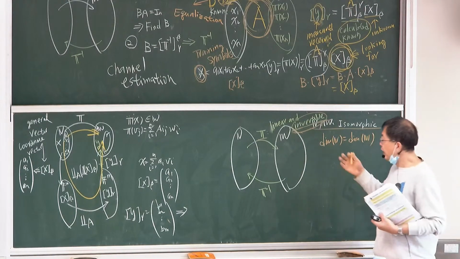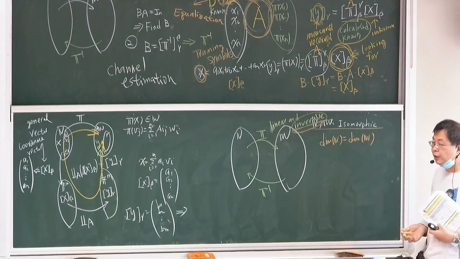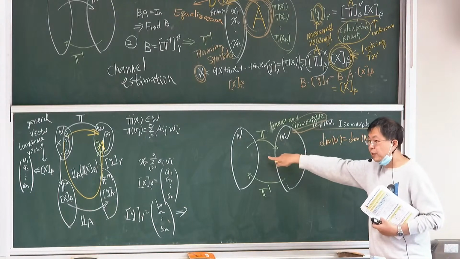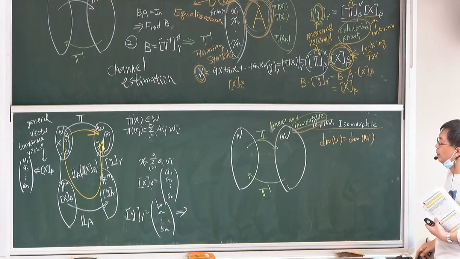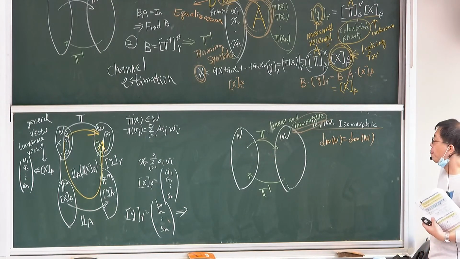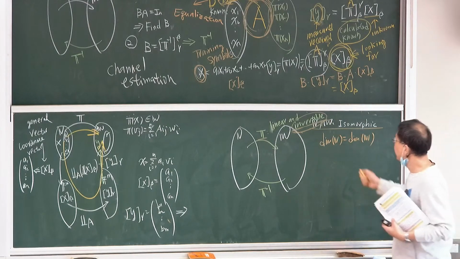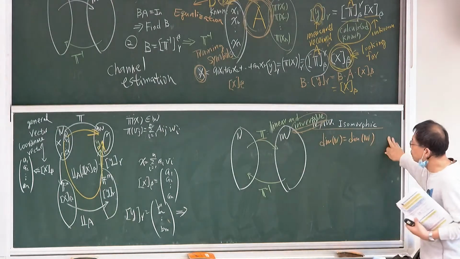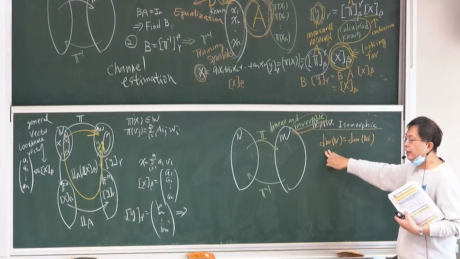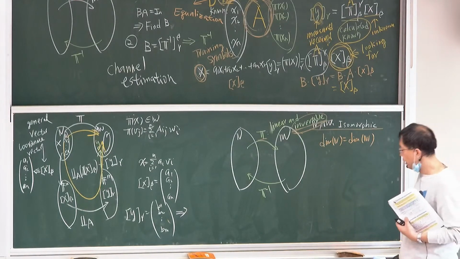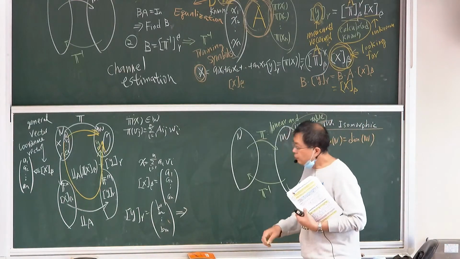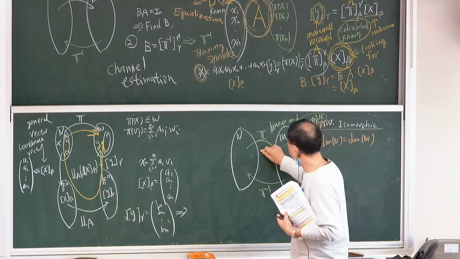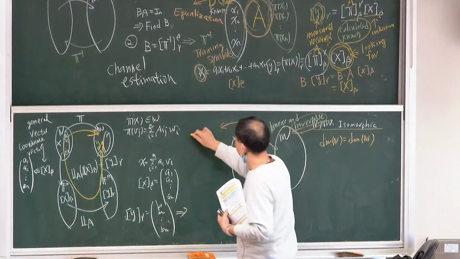Whenever we have an invertible transformation, the two vector spaces should have the same dimension. So if V and W are isomorphic, then their dimensions are the same. And so we call this transformation an isomorphism.